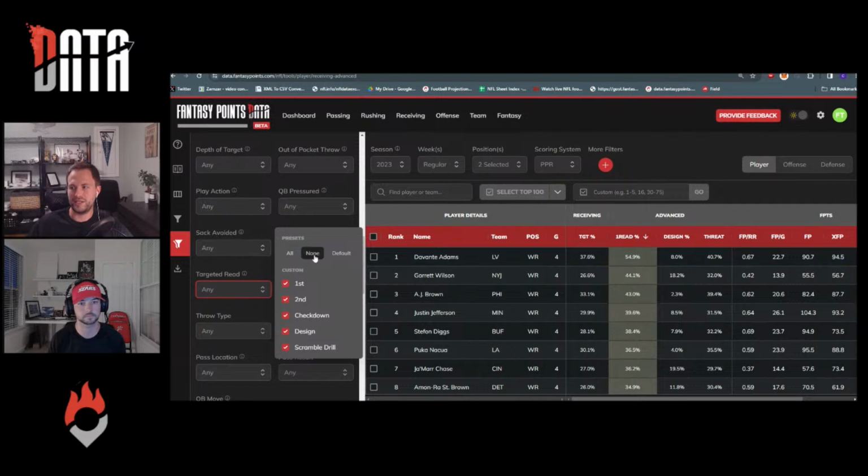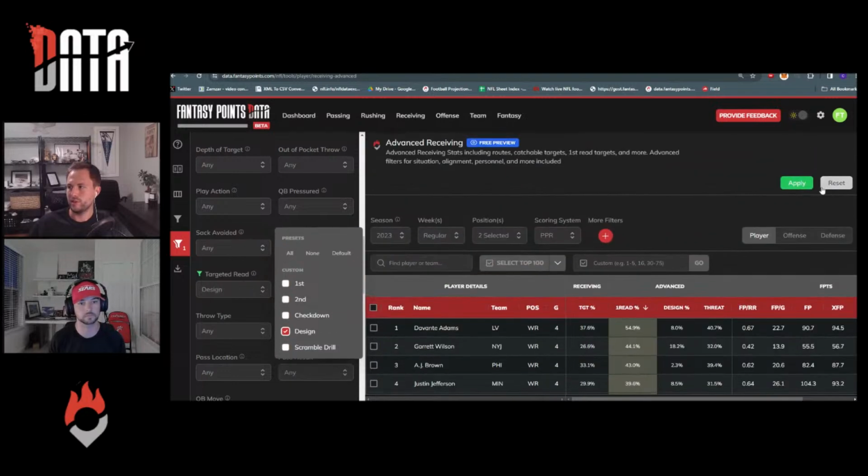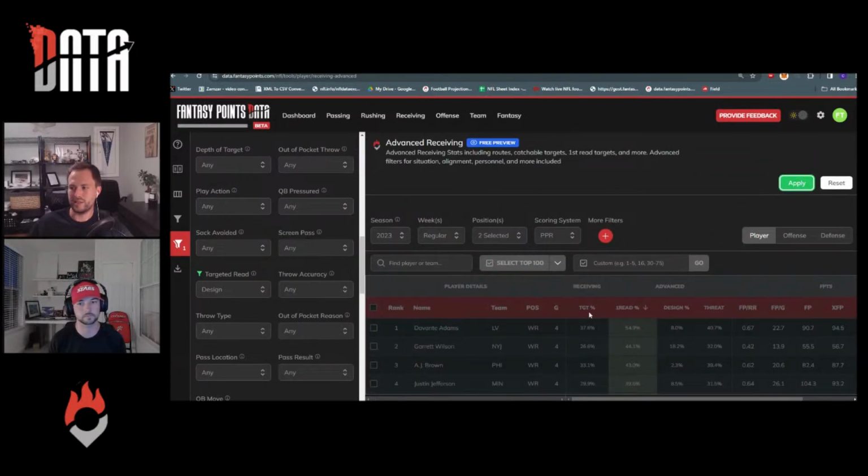So let's only look at designed throws. That'll then tell us the designed plays. So when teams run design plays like screens, like jet pop passes, what is that guy's target share? How many targets is that guy getting versus his teammates?